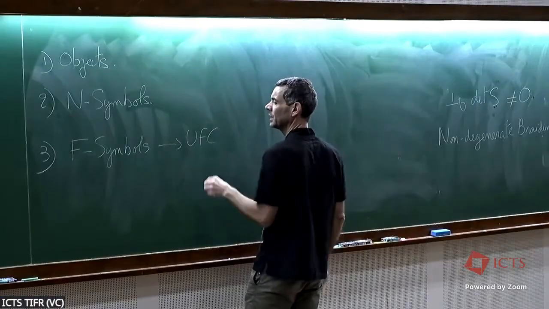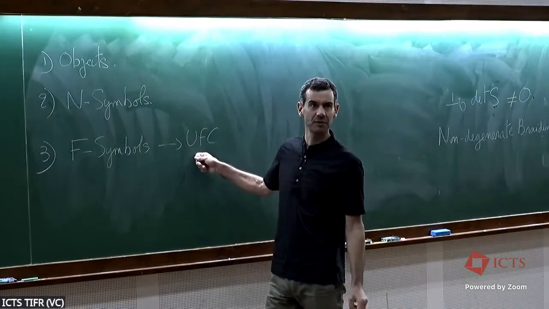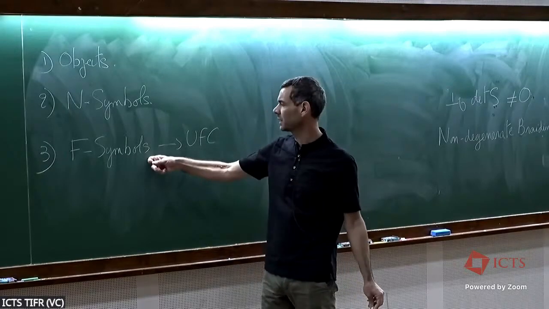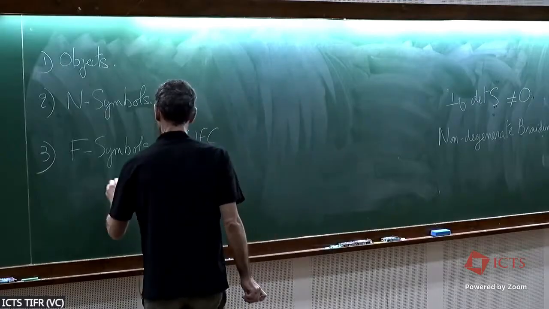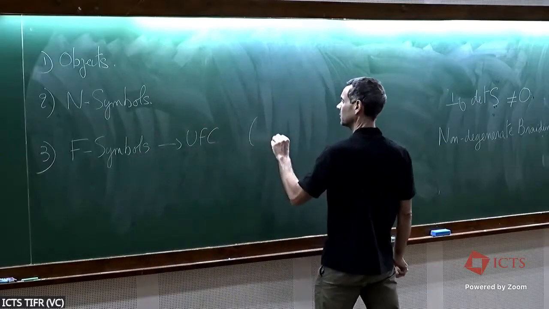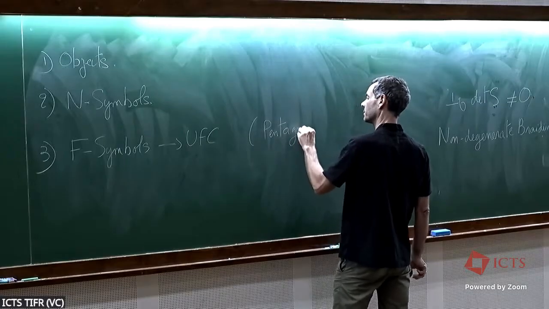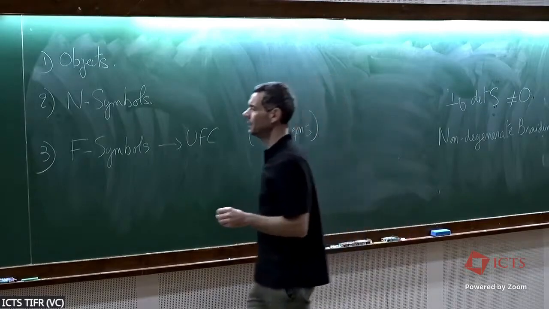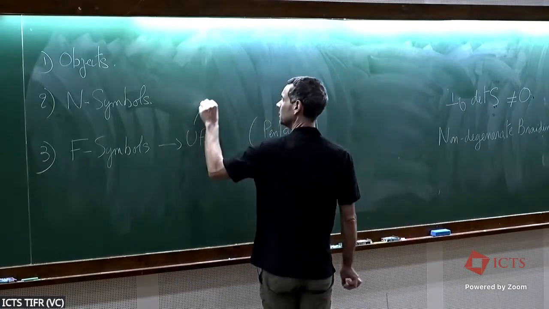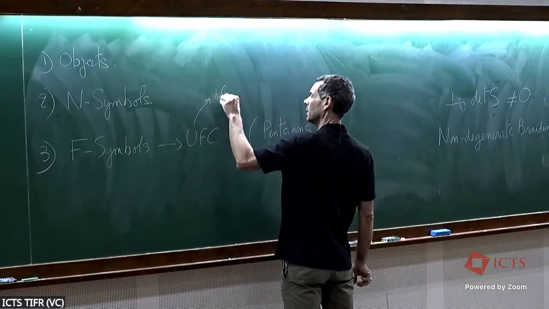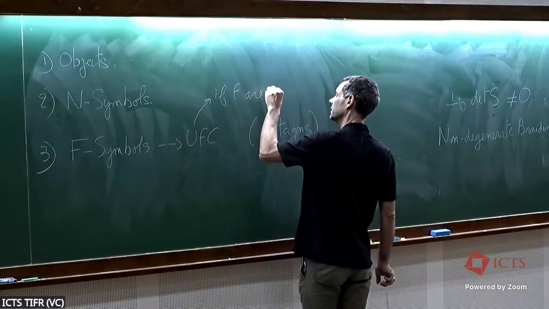So this completely defines my UFC provided these F matrices are unitary. And so this was the solution of the pentagon equations. And it's unitary if the F are unitaries.